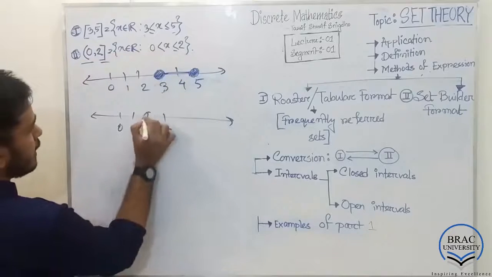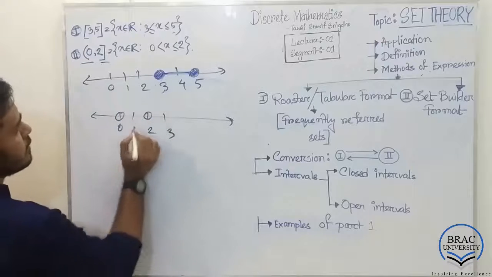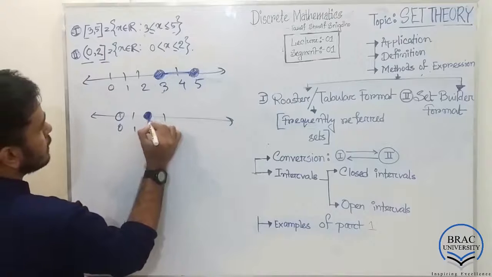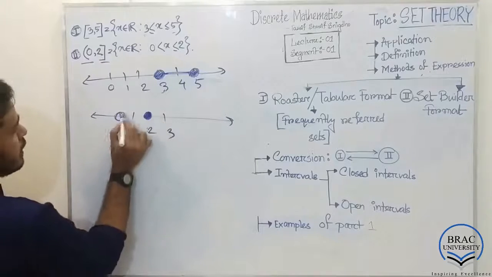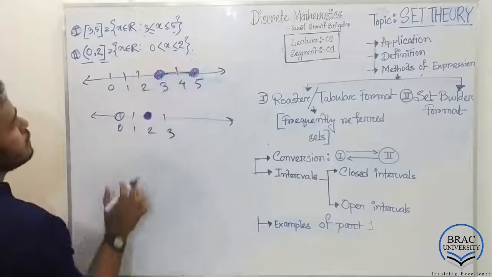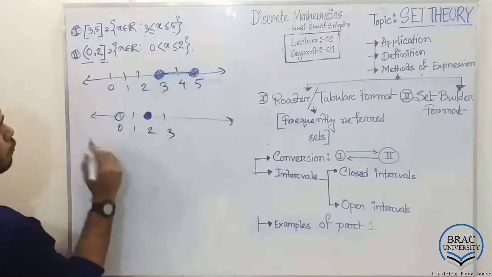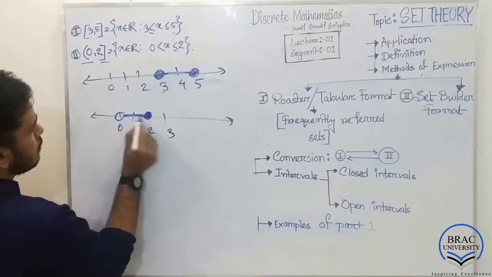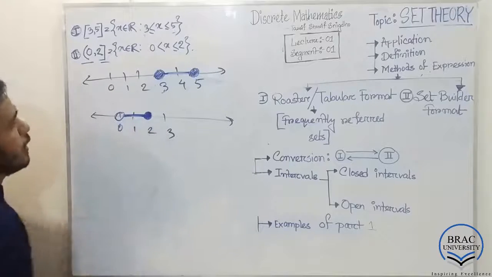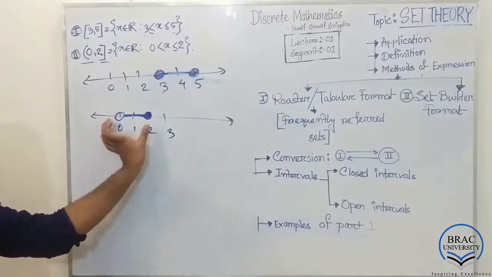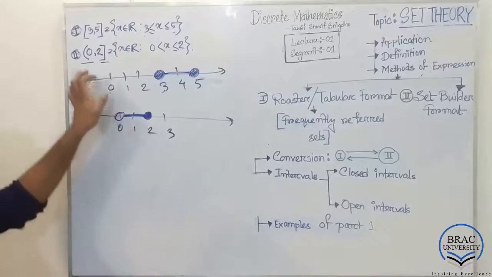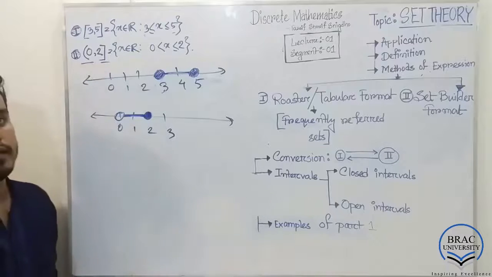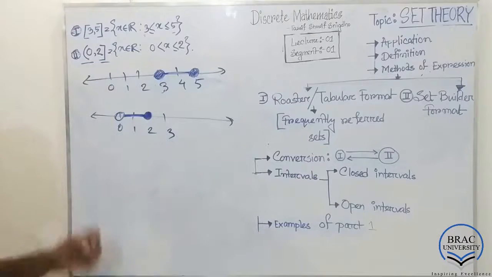So we will take the limits first, and then since x can have the value of 2, we will fill in this circle and we'll keep the other one void, and all of the values of x will be between 0 and 2. So we will make it darker or bold, and this region will show the set 0 to 2. This is how we can express closed and open intervals through number line.